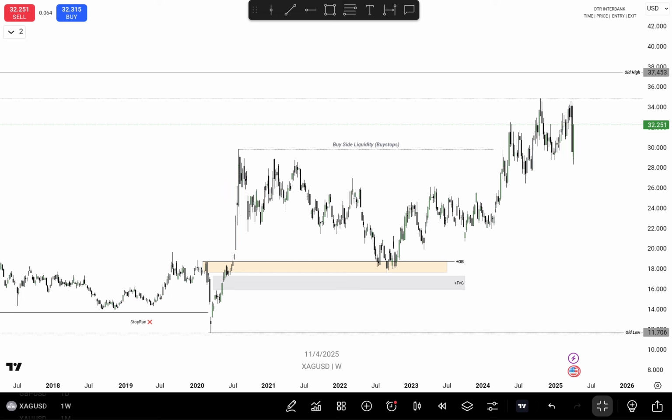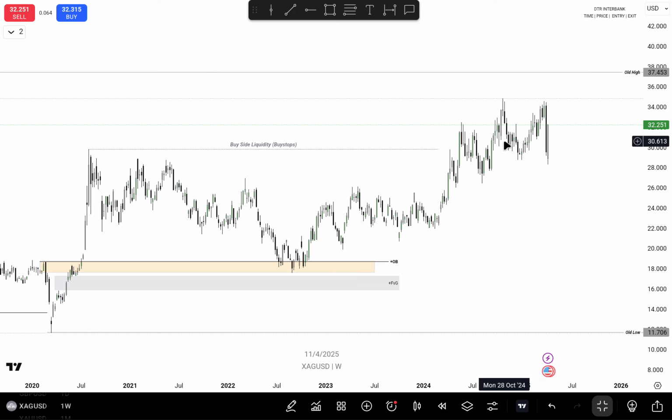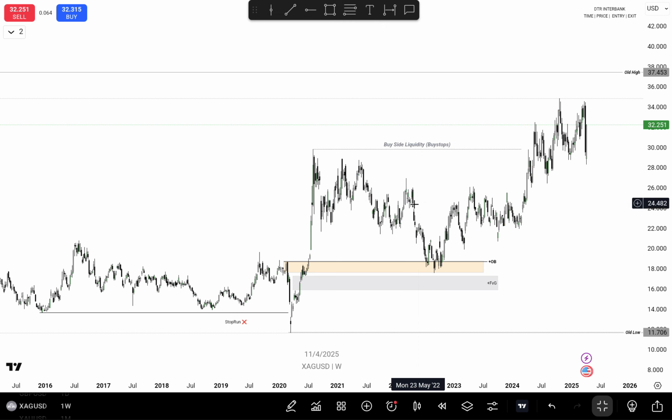So we break out of the range that was created from this range high to this range low. We broke out, and we're still expecting higher prices. This is the weekly time frame.